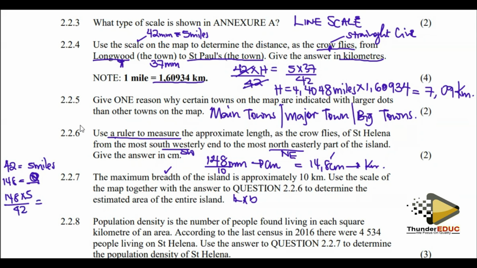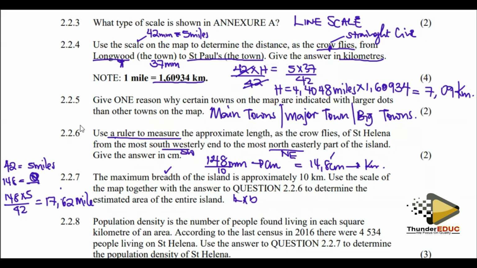What answer do we get? By the way, we shall get that answer in miles. Afterwards, we change it to kilometers using the same conversion. So I get 17,62. These are miles. I want them to become kilometers.